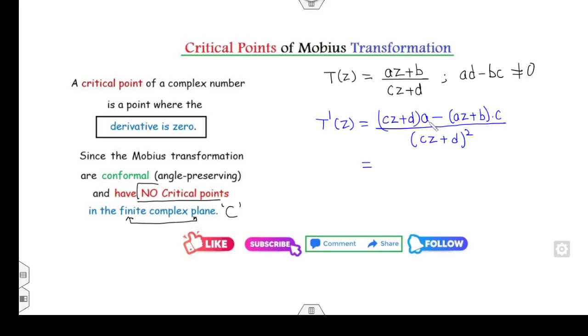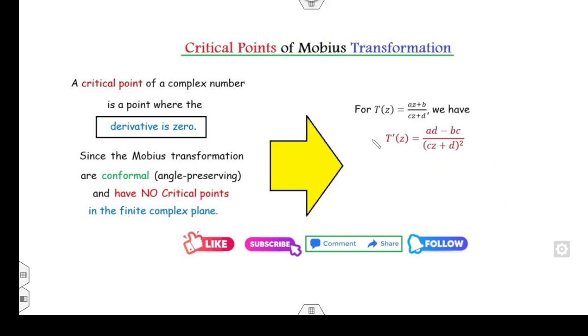If you open the bracket, acz cancels, and we get (ad minus bc) divided by (cz + d) squared. So clearly this number is non-zero, because the numerator is non-zero. Also, this number is not infinity, because whenever z is equal to 0, still this number is finite. Therefore you can say T has no critical point.